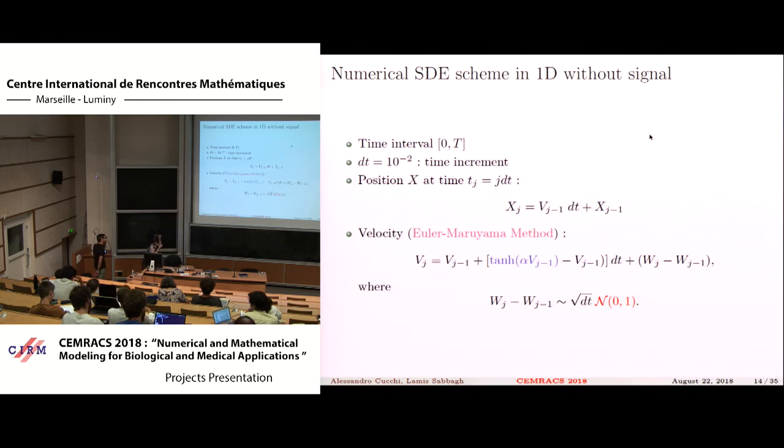The velocity V is calculated from the 1D SDE, and we use the Euler-Maruyama method to approximate the velocity. The difference Wj minus Wj minus 1 is an increment of Brownian motion, which follows a normal distribution of variance dt.